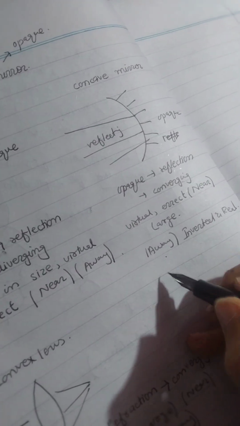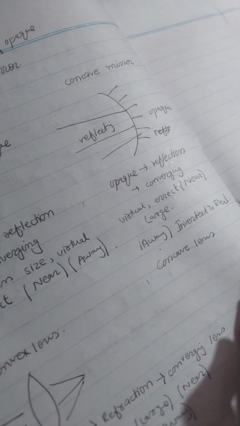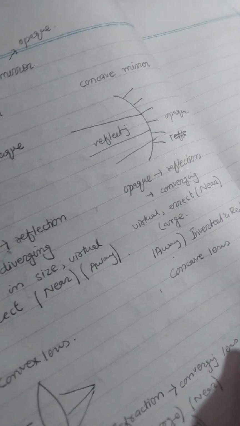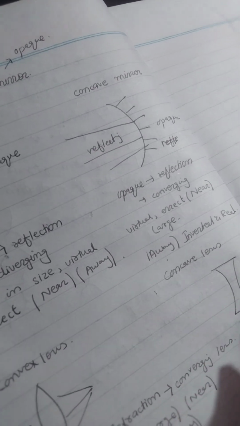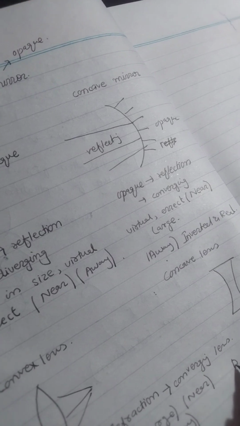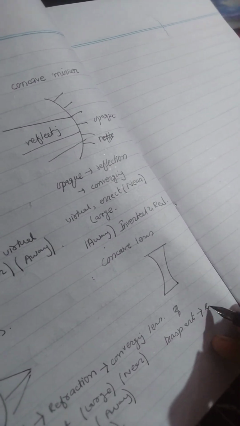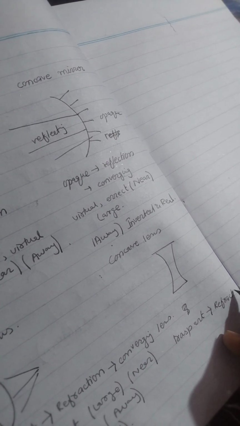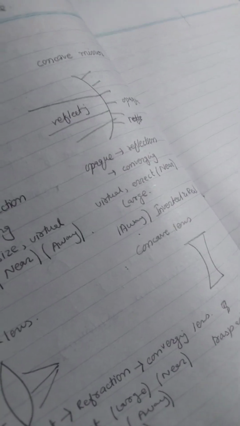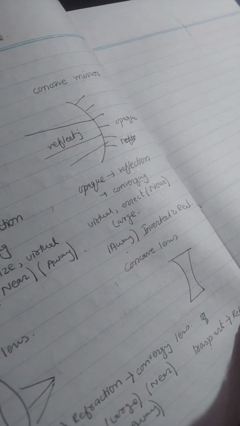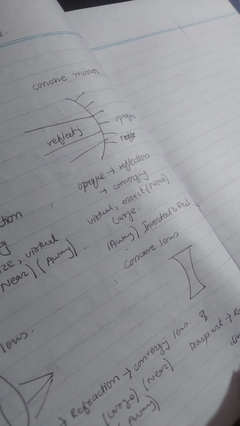Then there is the concave lens, right? It is also transparent, so obviously there will be refraction, and it is known as a diverging lens.